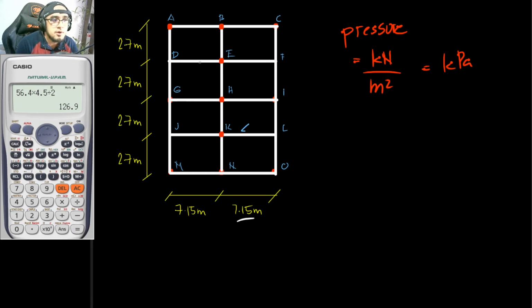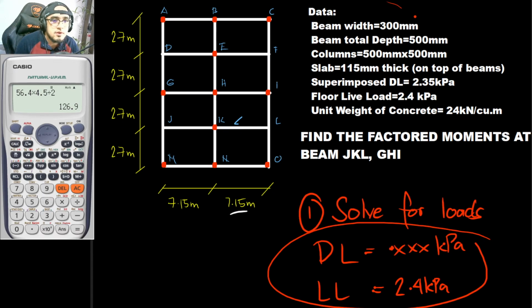Ito pala guys is a top view, so plan. The red dots right here are your columns, and these white lines are your beams.